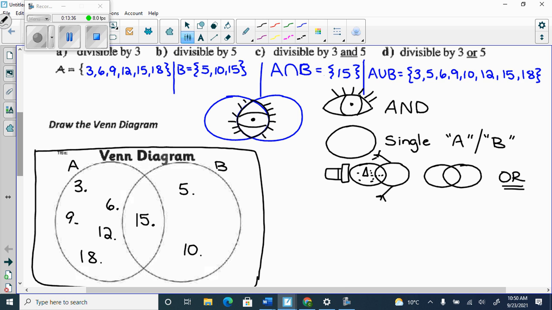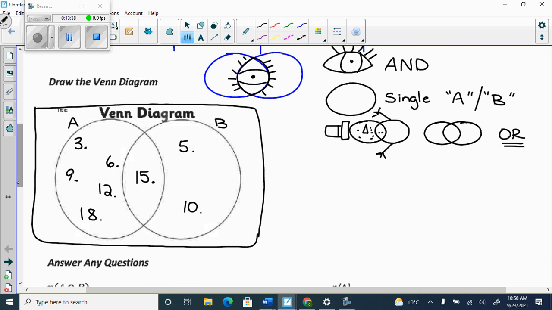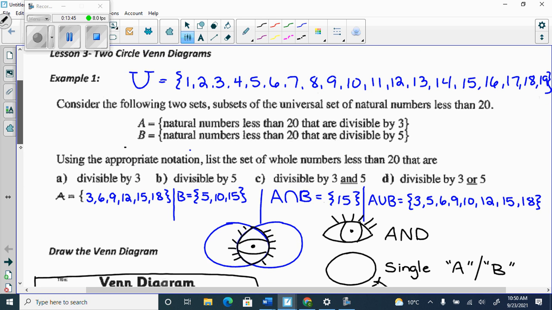Now I'm not done, and what most people forget is the outside. I have to list what's in the universal set, but not in this little diagram. And the universal set contains 1 to 19, right?